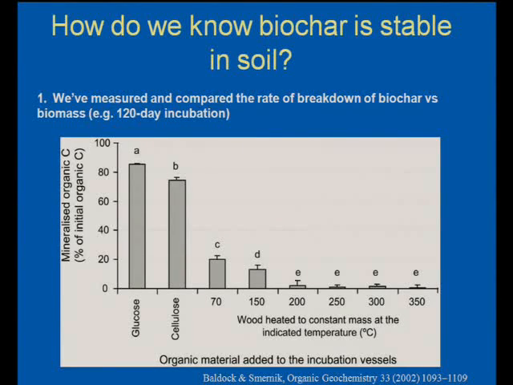When we heat that cellulose, or that wood in this case, we see a decrease in the amount that's respired over that 120 days when we get to materials that I'd call charcoal, which is really only right at the end there.